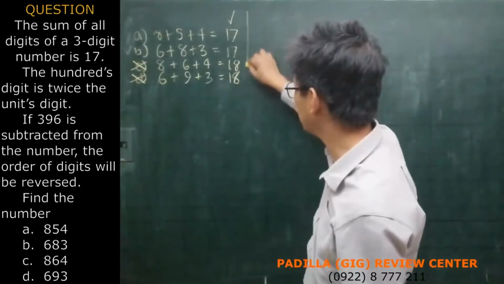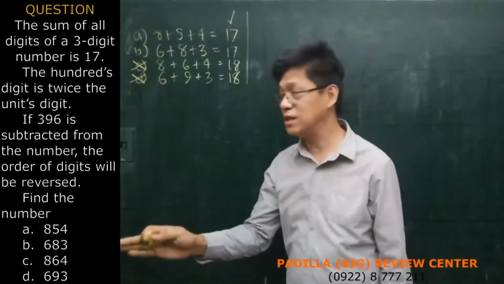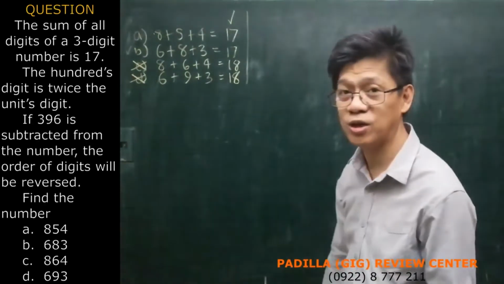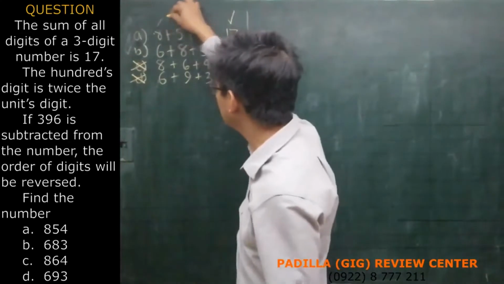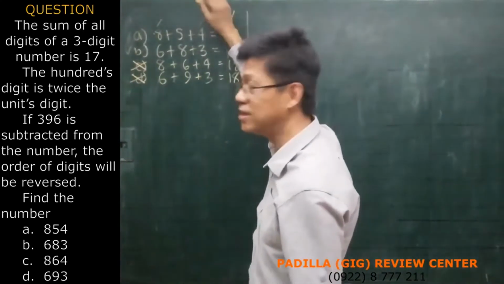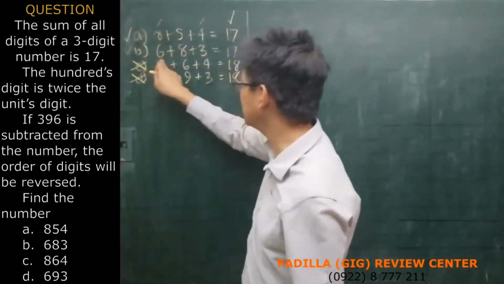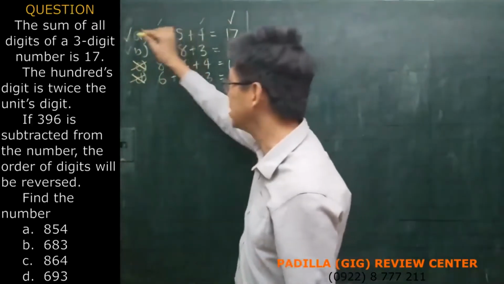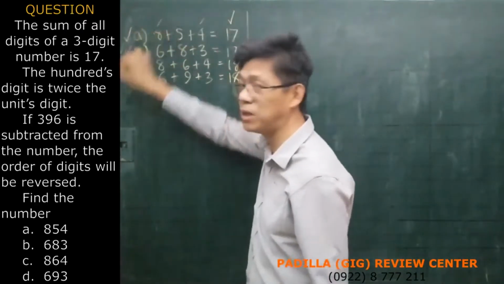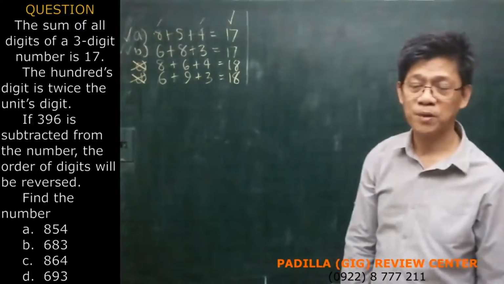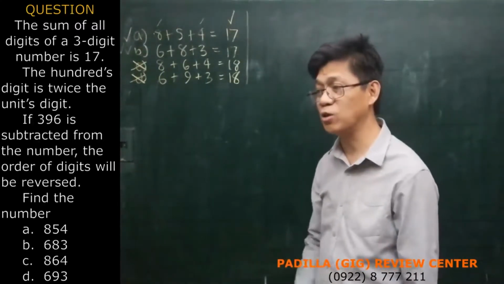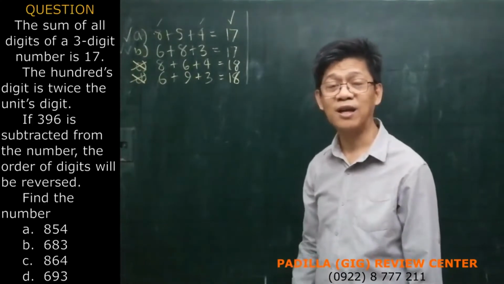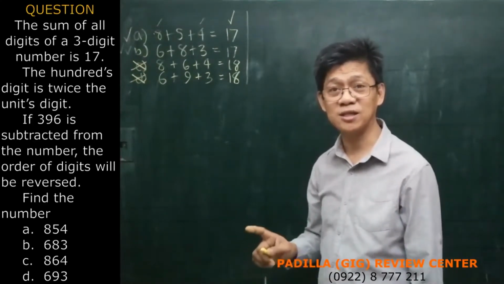The second condition says the hundreds digit is twice the units digit. Now here, is 8 twice of 4? Yes. Is 6 twice of 3? Yes again. So far, A and B are still good. Now, the third condition says, if 396 is subtracted from the number, the order of the digits is reversed.